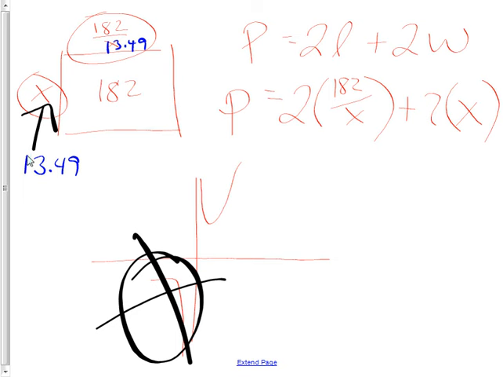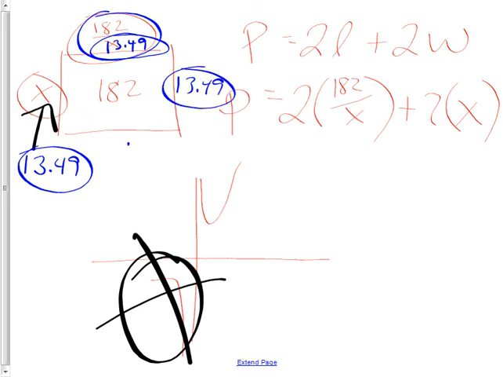Well, if I put in 13.49 here and I put in 182 over 13.49, actually here, I'm going to divide that for you. 182 divided by 13.49, I get 13.49. That means this side and this side are equal. 13.49, and this is 13.49, and this is 13.49, and this is 13.49.